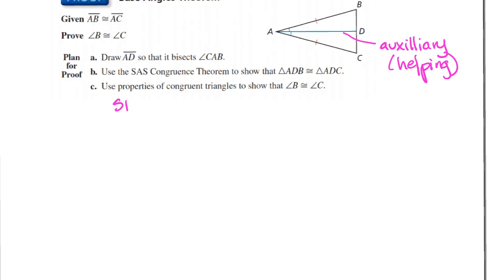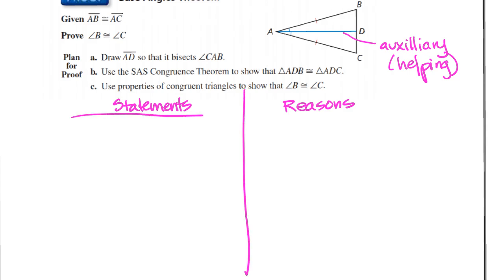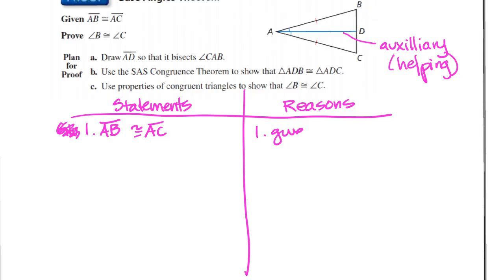The plan for this proof is that you're given an isosceles triangle. So we are given that AB is congruent to AC. And then we're going to draw in AD.